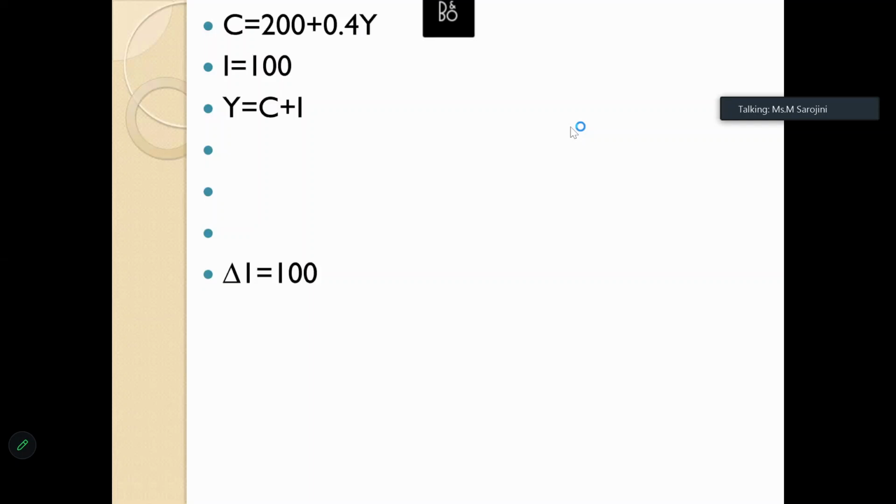How do you derive the investment multiplier using this information? Here, I directly go. Y is equal to C plus I, right? Y is equal to 200 plus 0.4Y plus 100, isn't it?